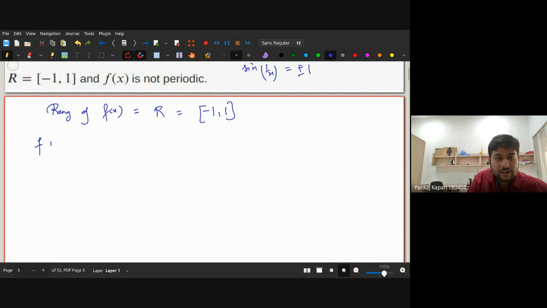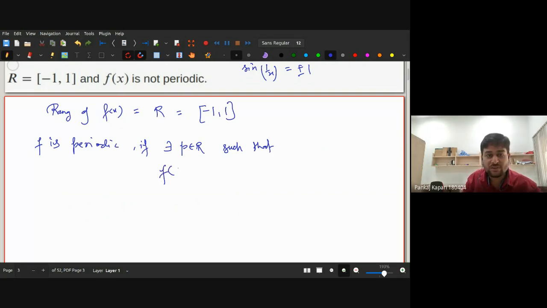We say that a function f is periodic if there exists some real number, let's call it p in R, such that the value of the function remains unchanged when you change the input by p or multiples of p. That is, whenever you take a multiple of p, the value of the function does not change. This is the definition of a periodic function.